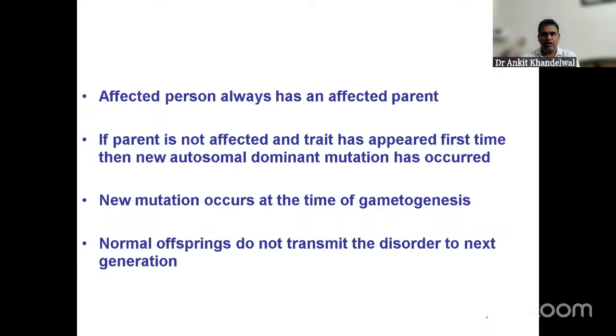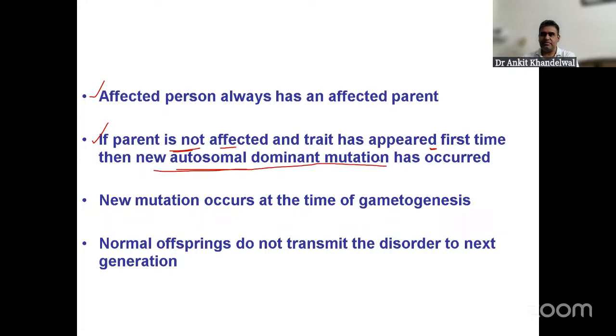Now, other points of autosomal dominant inheritance. An affected person always has an affected parent. There will be an affected parent, only then is there an affected person. Another statement: if the parents are not affected and the trait has appeared for the first time, for example an achondroplasic child with both parents normal, then it means that a new autosomal dominant mutation has occurred.